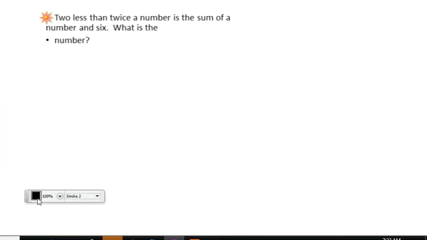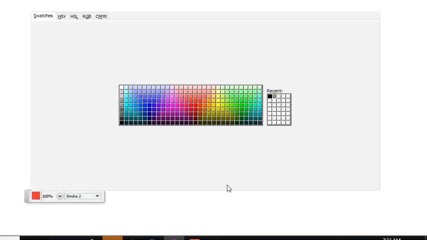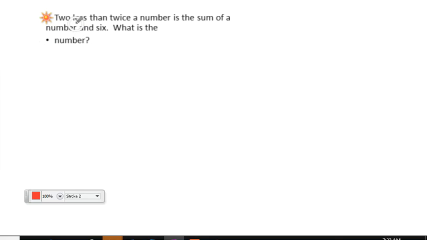Do you guys see that this one has one of those less than words right here? Okay, so we have to be very, very careful. That means it's going to actually flip our problem around. 2 less than twice a number is the sum of a number and 6. What is the number? So let's take this just one step at a time.